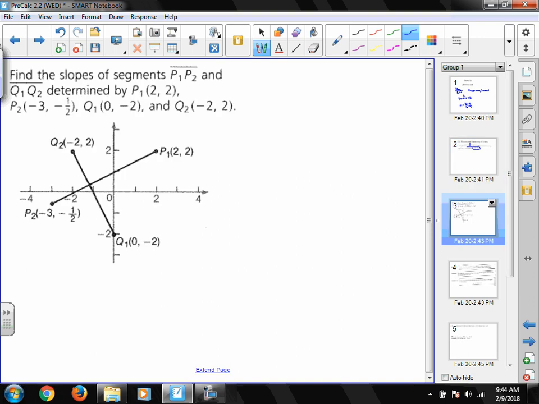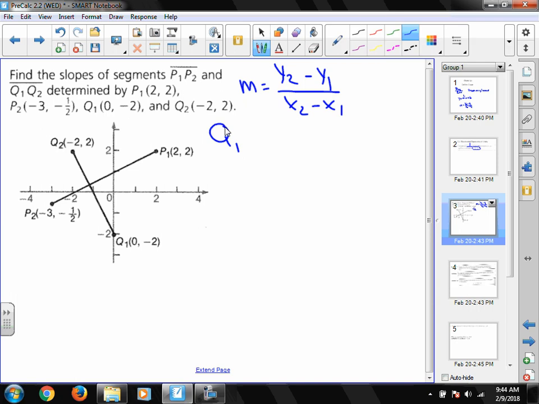If we take a look at the slope of these segments, we can find the slope of q sub 1 and q sub 2. So if I look at q sub 1, okay, I know I'm going to need to use my slope formula: y sub 2 minus y sub 1 divided by x sub 2 minus x sub 1.